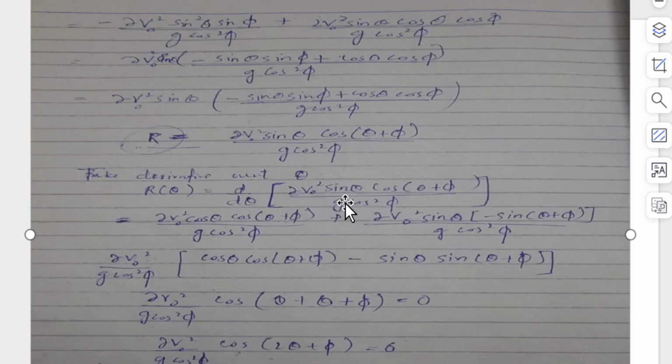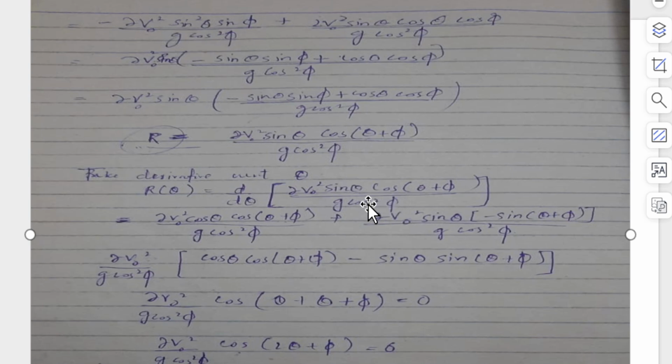You can do anything by yourself. I have integrated this term, taking sine theta as the first term, and the remaining term is v squared cos(theta plus phi) divided by g cos squared phi as another term.